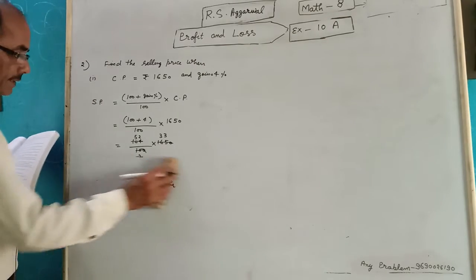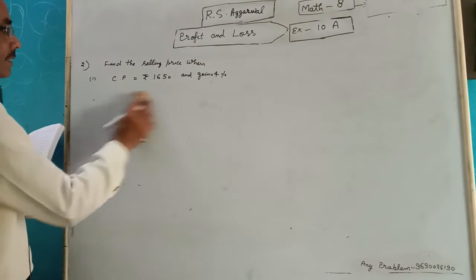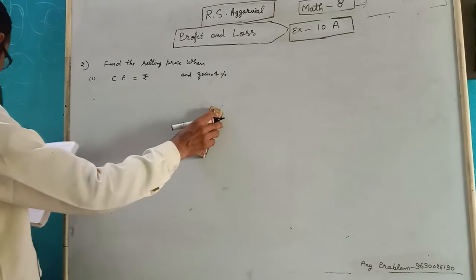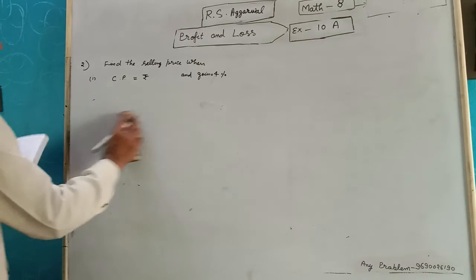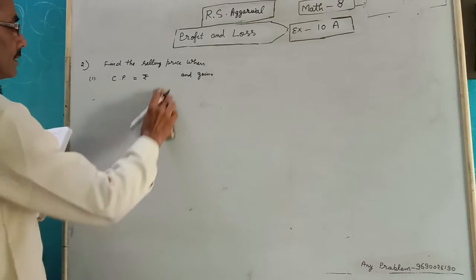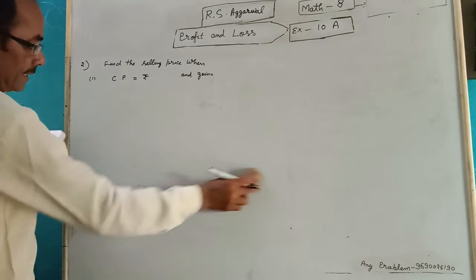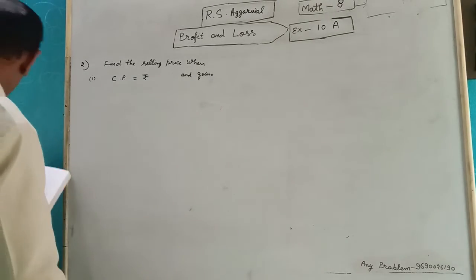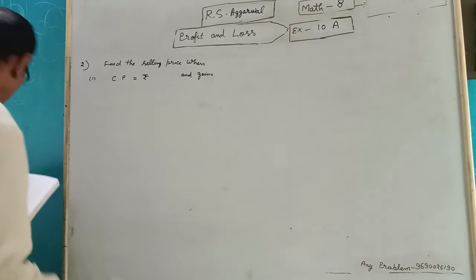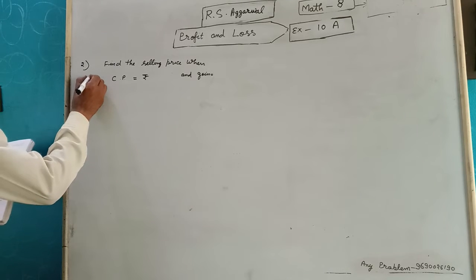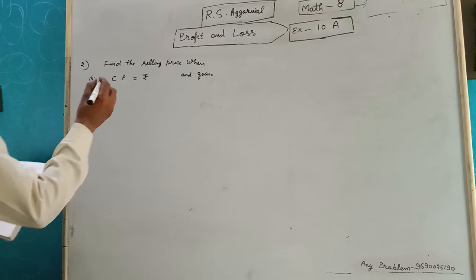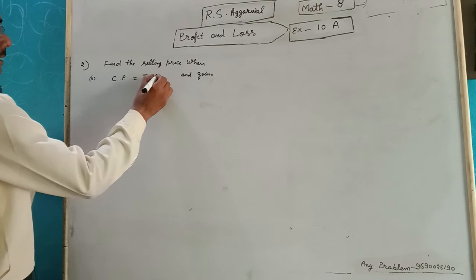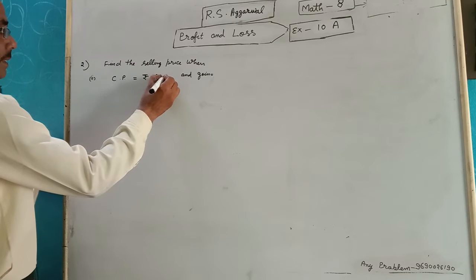Second part is CP. Second part is CP our is 950 rupees.